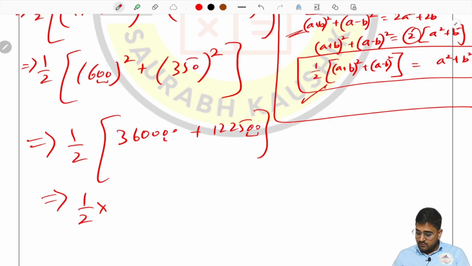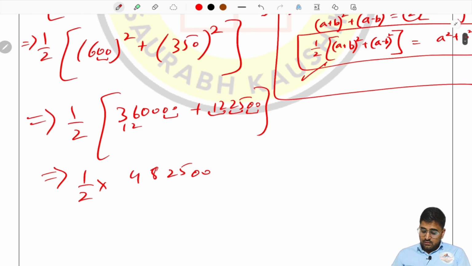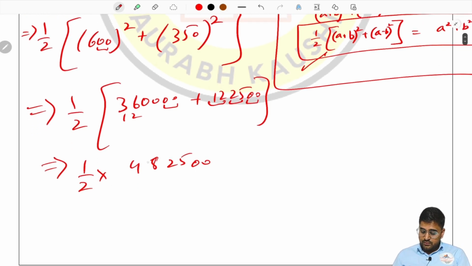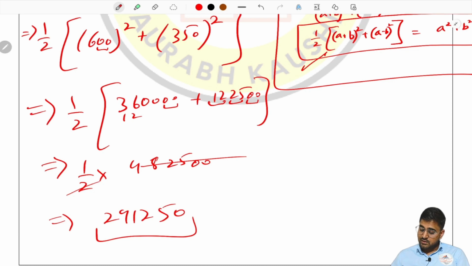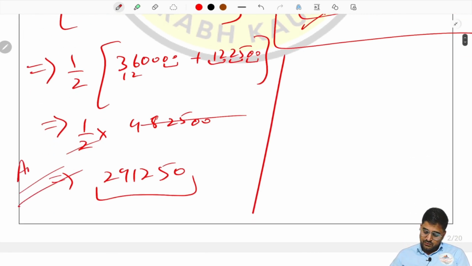Again, double zero is common. Put it for the next double zero. We have 25 here. Make it 25. Now 12 here becomes 8 and 4. 48250. Now it became 241250. That's the answer. Your question is solved.